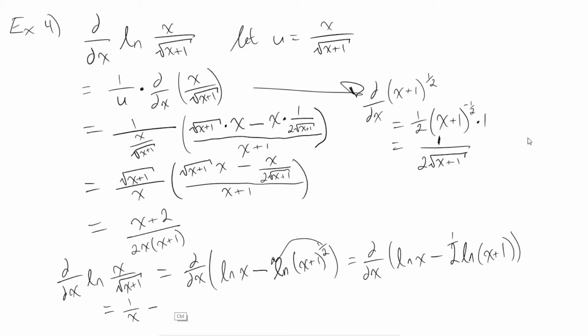Now, I'm not going to skip steps. 1/2 times the derivative of ln x plus 1, which is just plain old 1 over x plus 1. So that simplifies, once again, to 1 over x minus 1 over 2 times x plus 1.